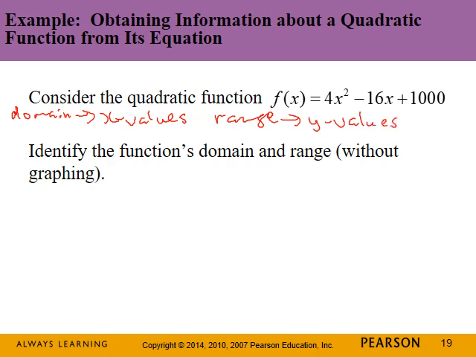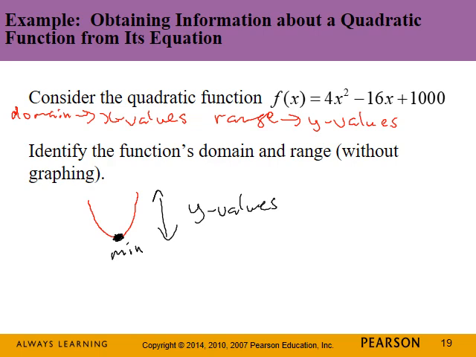So think about it. If my parabola opens up like this, I have a low point here. So this is the lowest value that I'm going to have if I'm looking at it in an up and down manner. Up and down would correspond to y values, right? So if I'm looking at it up and down, it opens up and I can see that here is the minimum, which is the lowest y value.